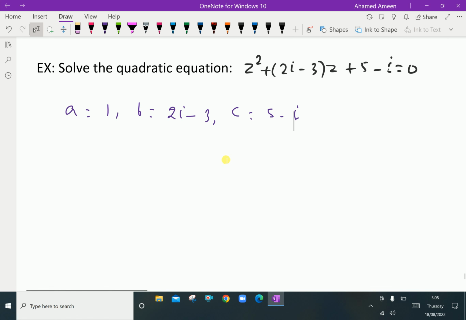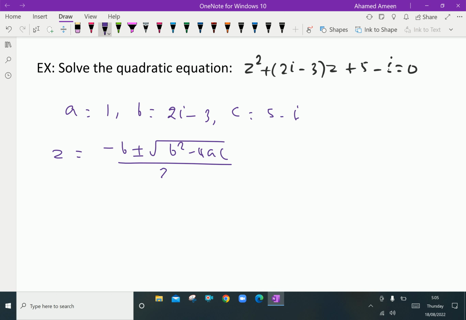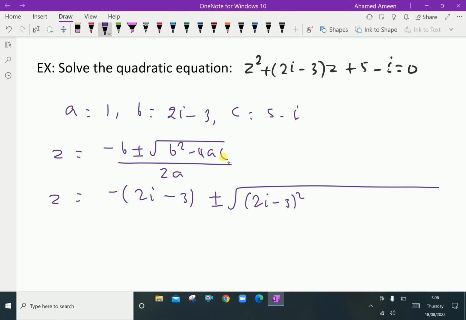Therefore, by using the quadratic formula, z equals minus b plus or minus the square root of b squared minus 4ac, over 2a. By giving the values of a, b, c, we have z equals minus b, that is 3 minus 2i, plus or minus the square root of (2i minus 3) squared minus 4 times 1 times (5 minus i), over 2a, 2 into 1 is 2.